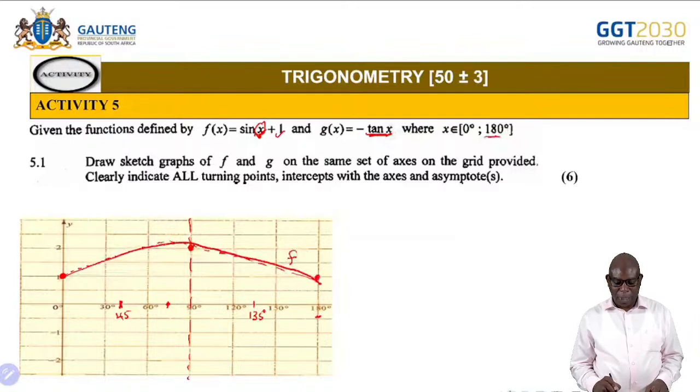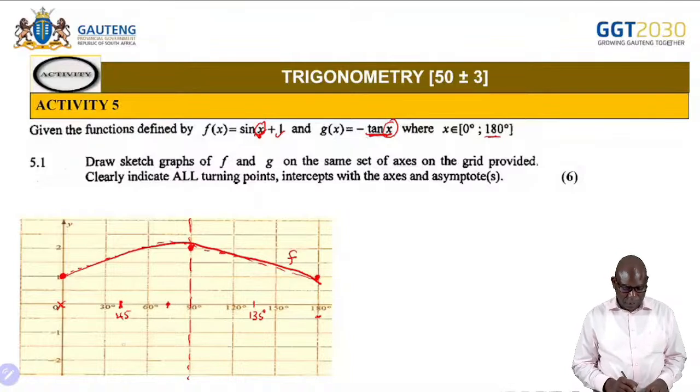Then I substitute. I know tan works with 45 and 90. So if I say tan of 0, tan of 0 will be 0. Tan of 45 times negative. Tan of 45 is 1. Times negative 1 will be negative 1. So at 45 it will be negative 1.